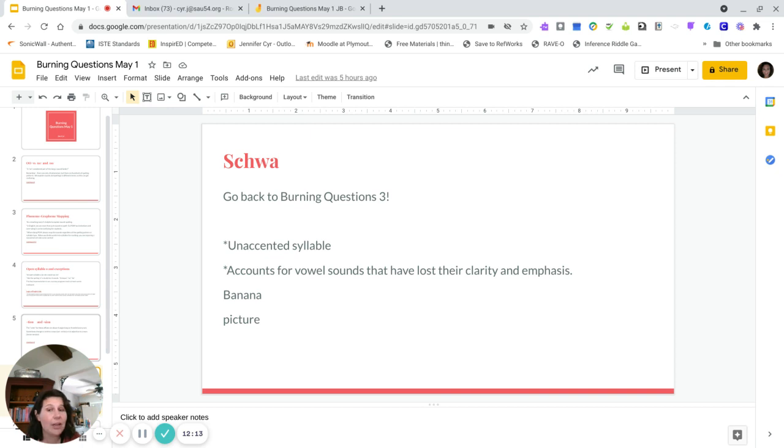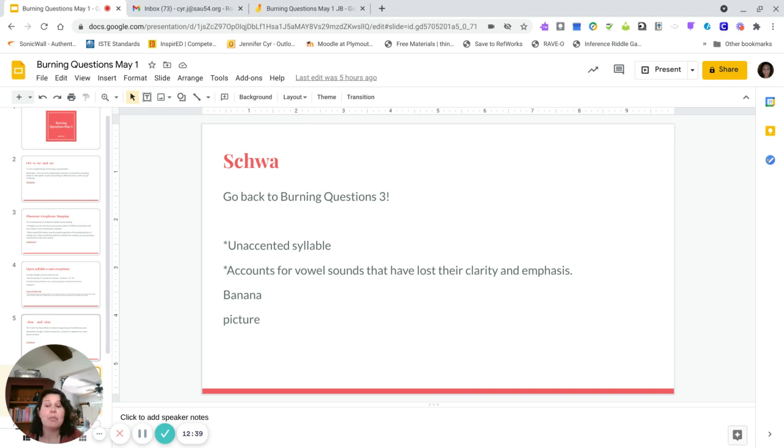What you need to know is that schwa happens in multisyllabic words usually, and it's around unaccented syllables. The accented syllable in a multisyllabic word would have the most regular pronunciation, and the unaccented syllables lose some of their breath and their emphasis, and they sometimes become schwas. It accounts for vowel sounds and patterns that have lost their clarity and their emphasis.